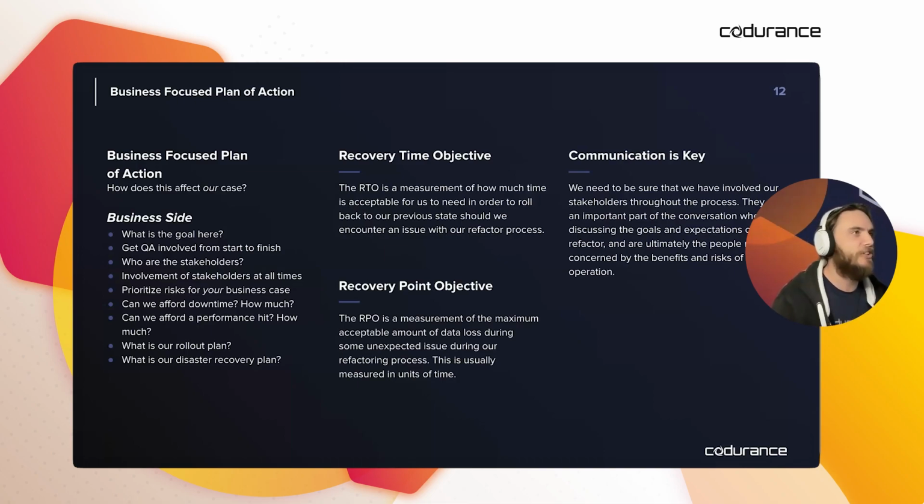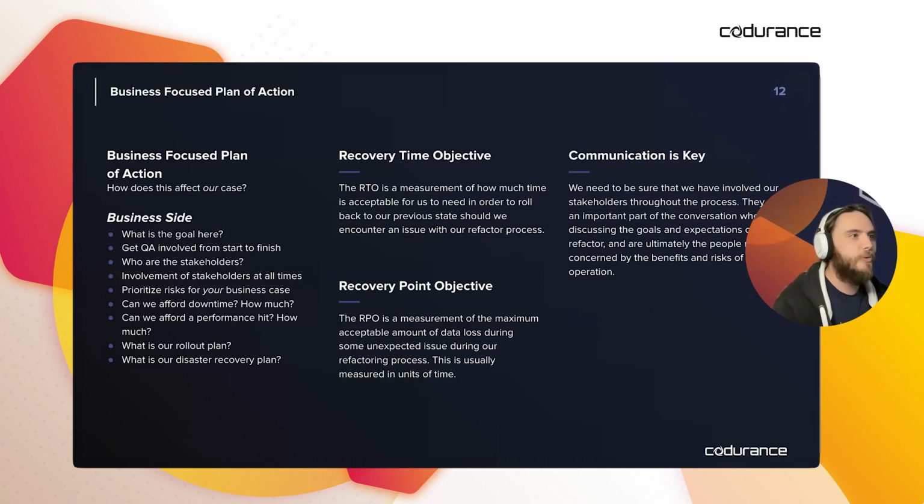For obvious reasons, they're going to want to know how quickly we could get back to something that's at least working if the worst should happen. So that's something we're going to want to ascertain very early on in the planning and strategizing.